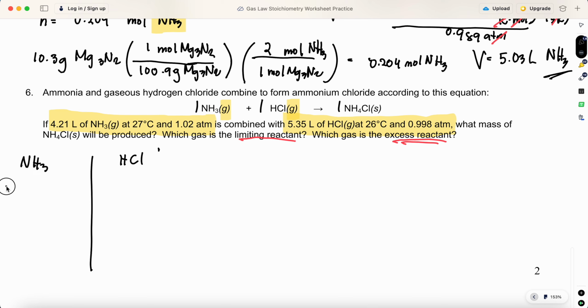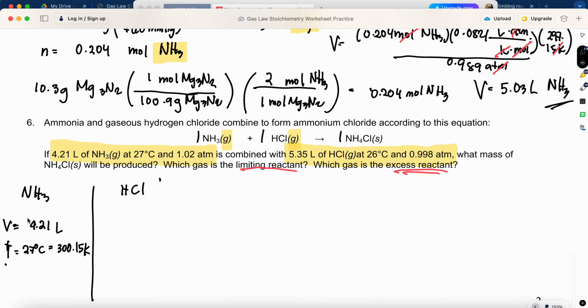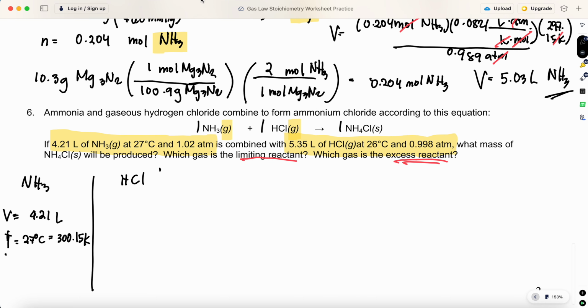For NH3, the volume is 4.21 liters. The temperature is 27 degrees Celsius or 300.15 Kelvin. And the pressure here is 1.02 ATM. For the HCl, the volume is 5.35 liters.